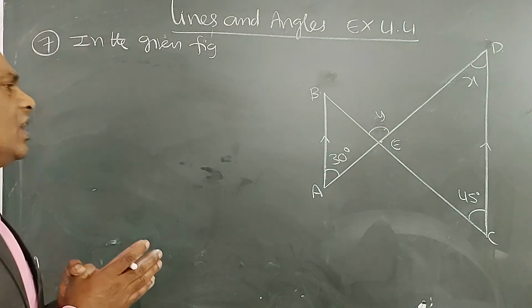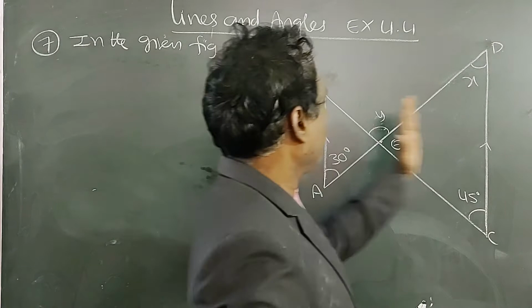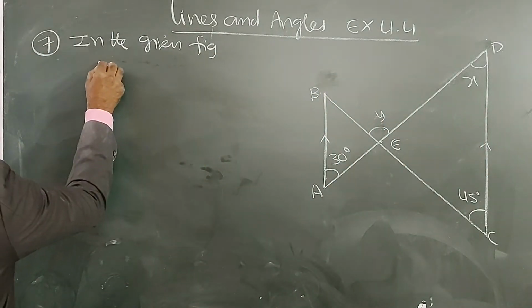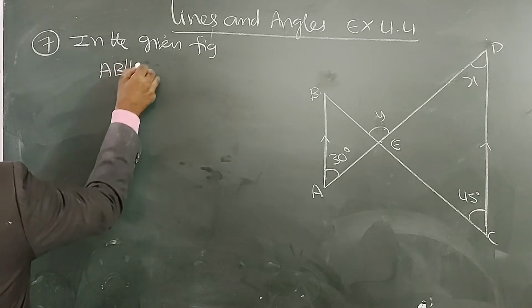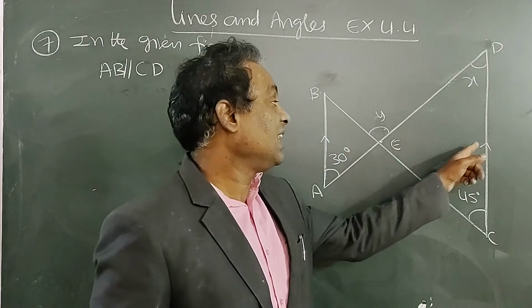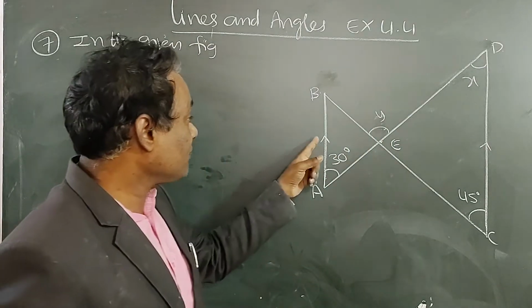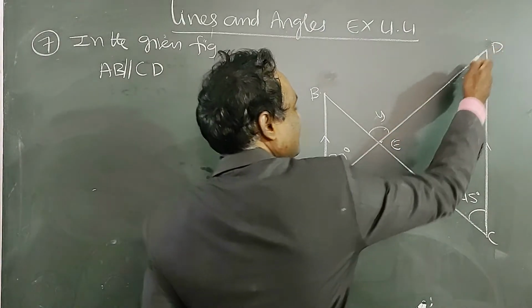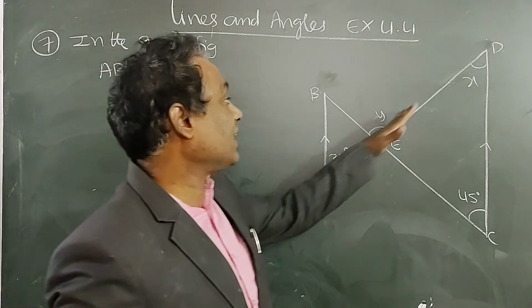First, see this figure, these two are parallel. In the given figure, AB is parallel to CD, it is given. The arrow marks show the lines are parallel. If these two are parallel, take this as a transversal. AD is a transversal.